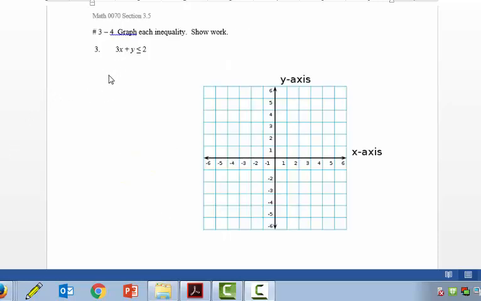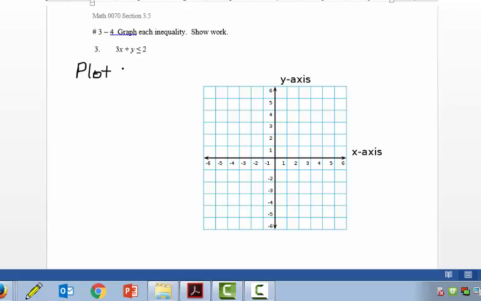All right, let's take a look at graphing an inequality that has two variables in it. So 3x plus y less than or equal to 2 involves the equals in the inequality. If the inequality is a less than or equal to, or a greater than or equal to, we're going to plot the line.